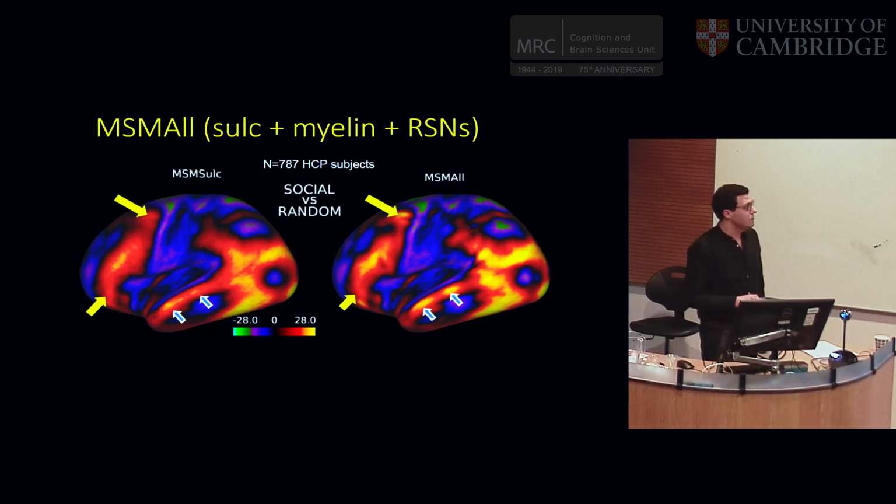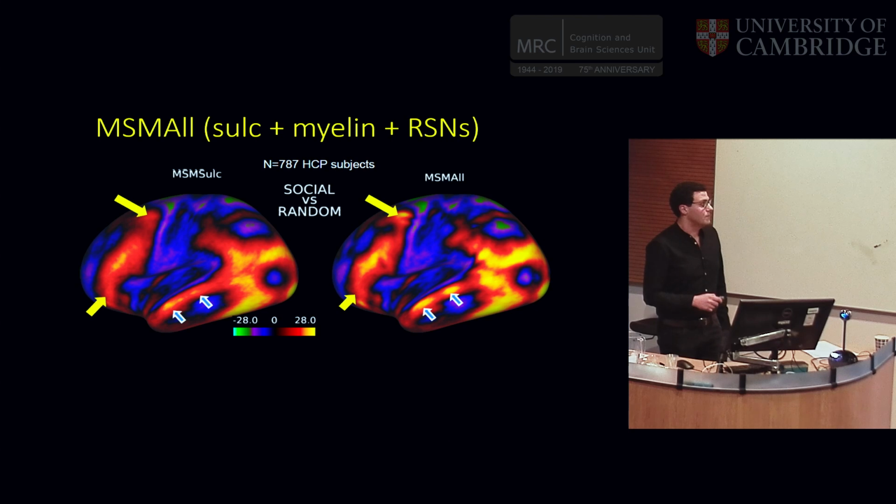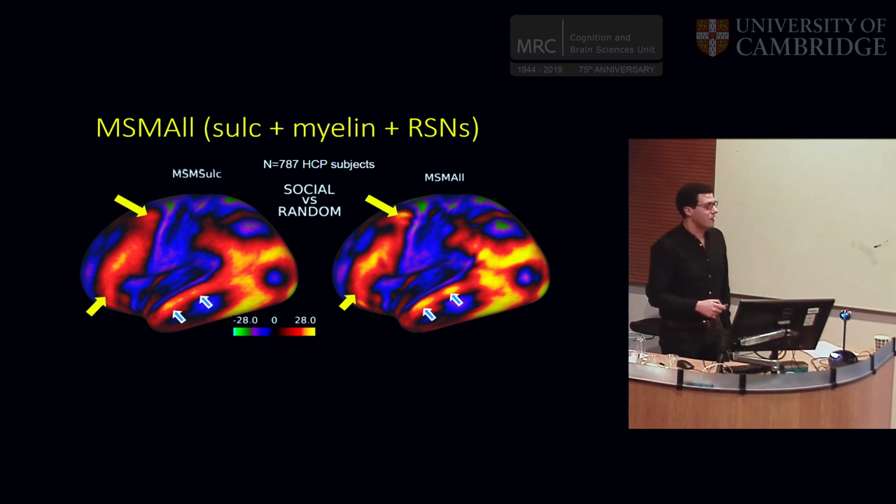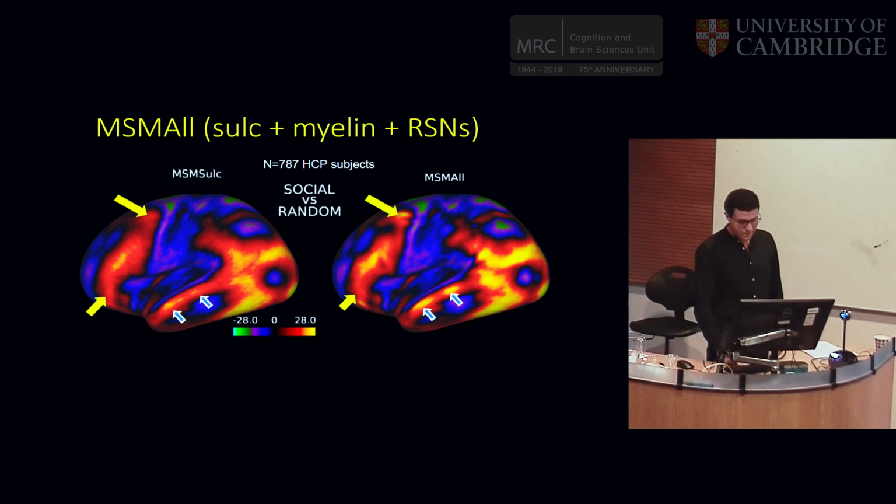If you use all of these features together, then this approach is labeled MSM All. So you initialize the alignment using cortical folds, and then you use myelin maps and resting state networks, and obviously MSM All outperforms just folding-based alignment in delineating these functional areas and improving your final fMRI statistics.